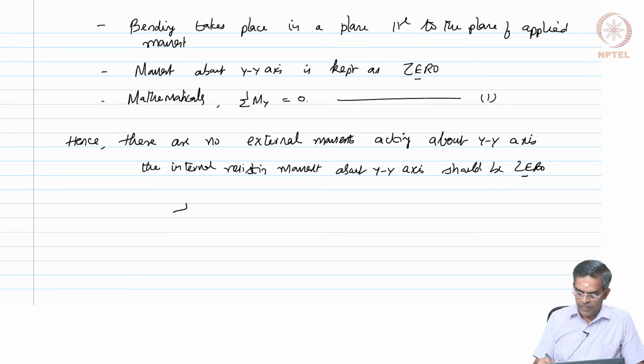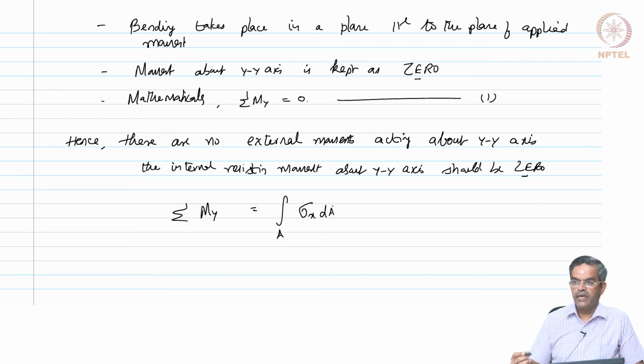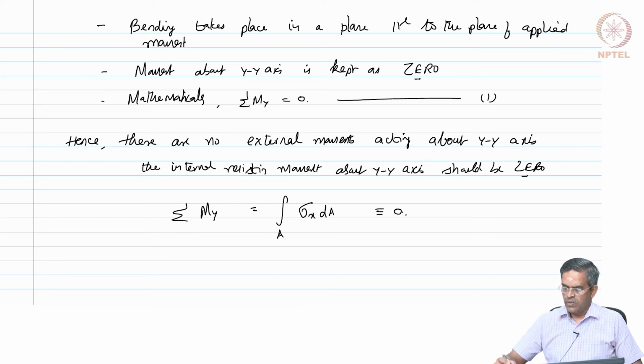So, can I say mathematically My should be the integral over area A of sigma x z dA, equal to 0, equation 2.